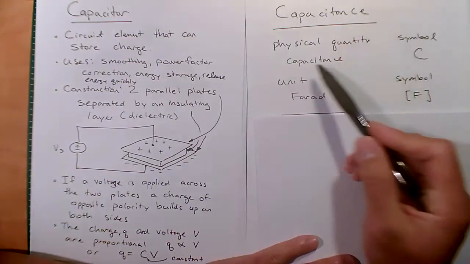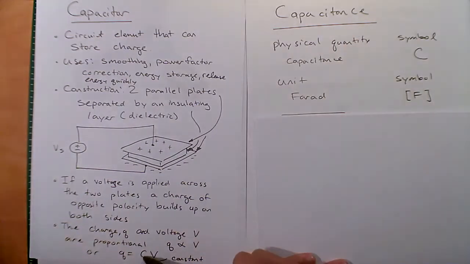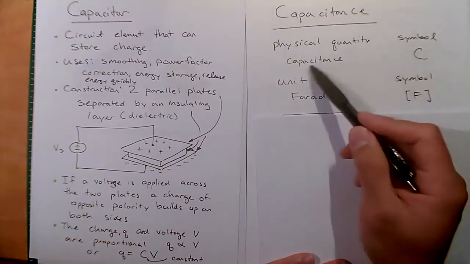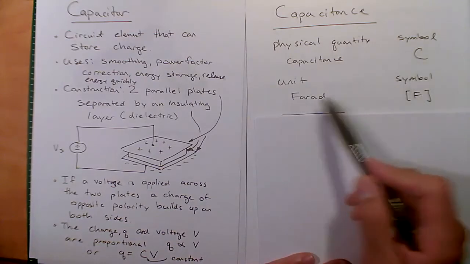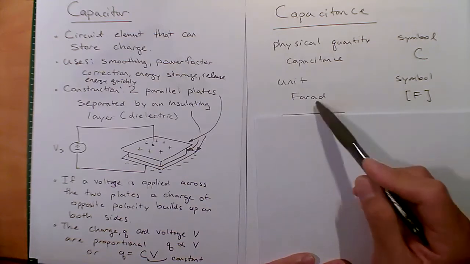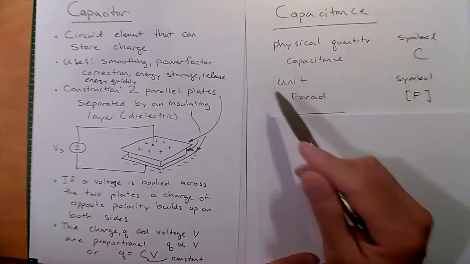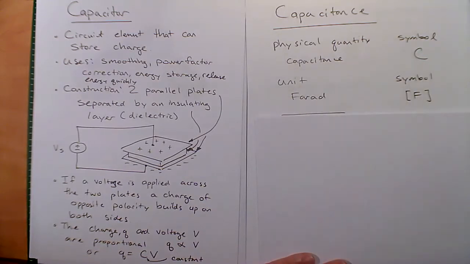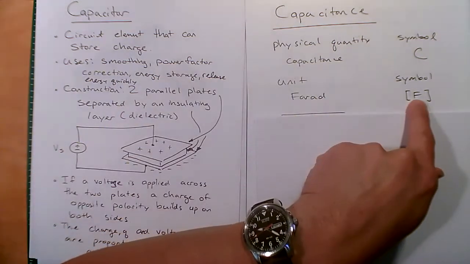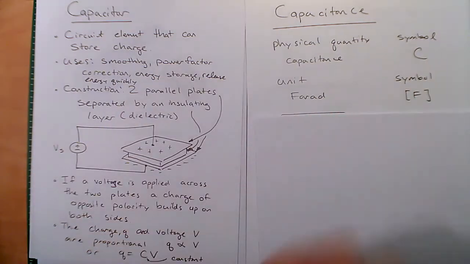Well, we have the four things. The capacitance C, we use the symbol C, nice and easy to remember. However, the unit is a farad, and we use the symbol F, right? So don't confuse everything. Make sure this F is not for force. This is the unit for a capacitor, right?